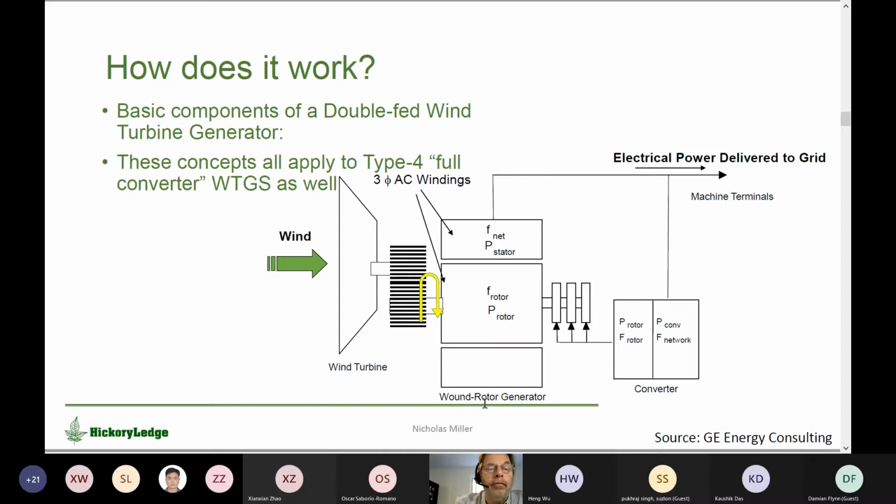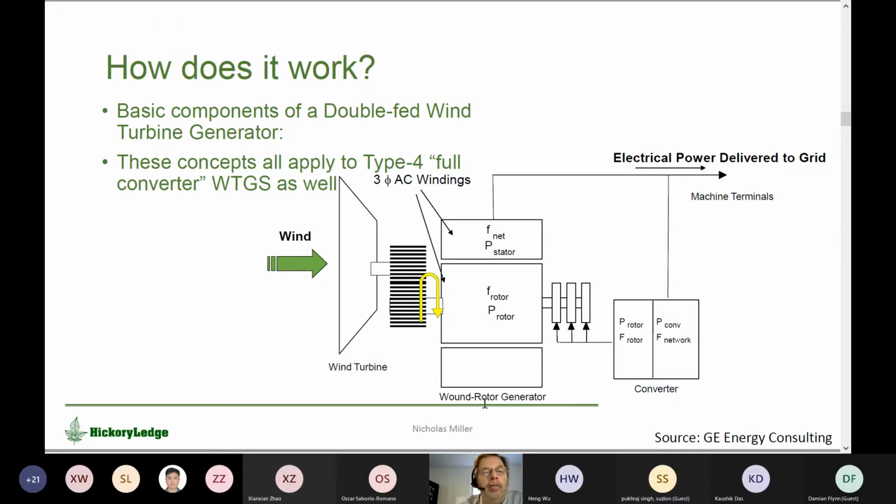turns the electrical rotor. Most wind turbines have gearboxes. We don't really care about that today. And then that power goes out into the stator. In a Type 3, a double-fed wind turbine, the slip, the difference between the speed of the rotor and the speed of the grid, is made up by manipulating the field of the rotor.